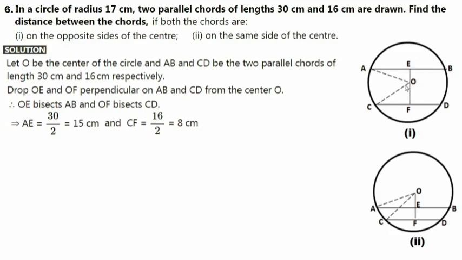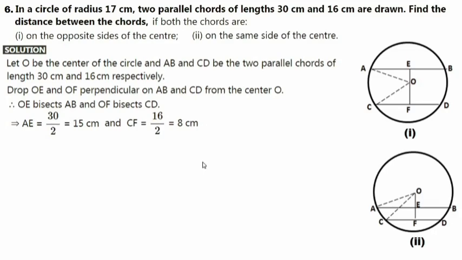Similarly, OF is perpendicular to CD, so CF and FD both will be half of CD. So CF will be equal to half of 16, because CD is 16, right? So CF is exactly 8 centimeter. All right, so we got AE and CF for both the diagrams, remember.